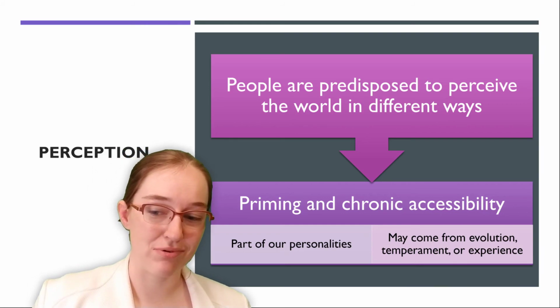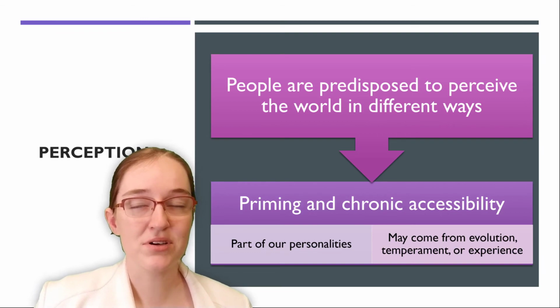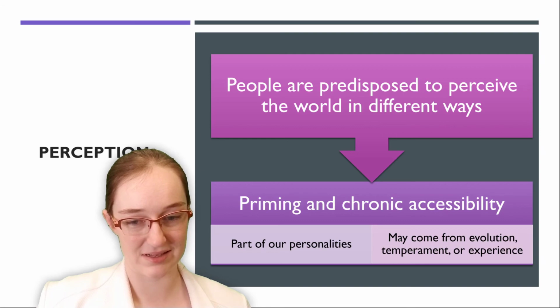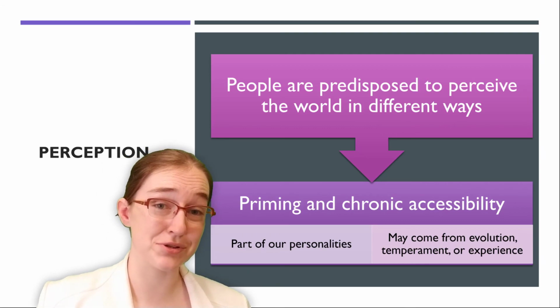Now, these also probably relate to temperament, and the book bounces around with definitions here. So the one I have written up here is one tendency is to experience positive versus negative emotions.